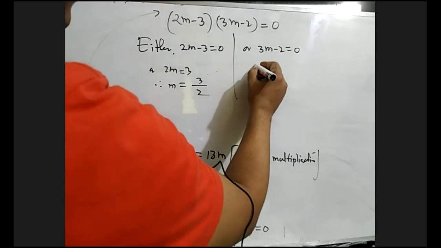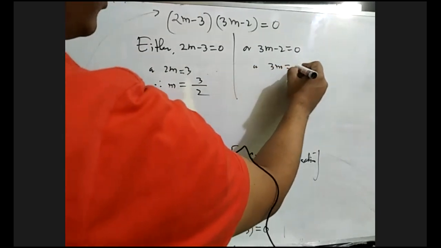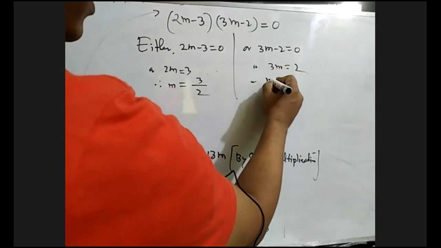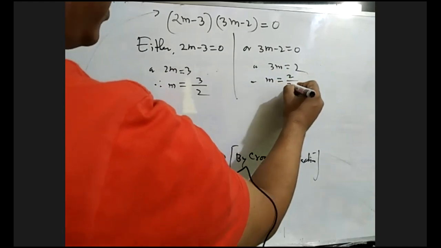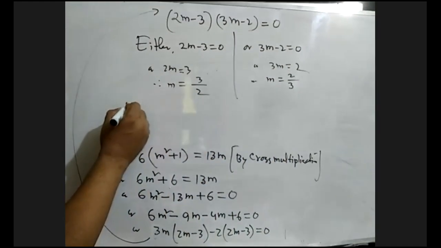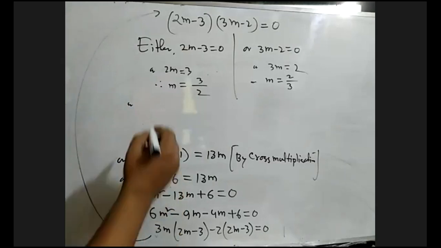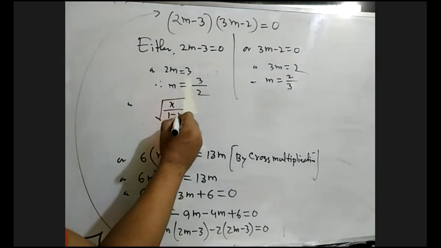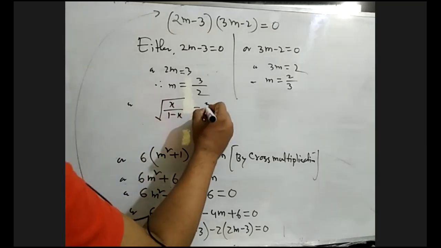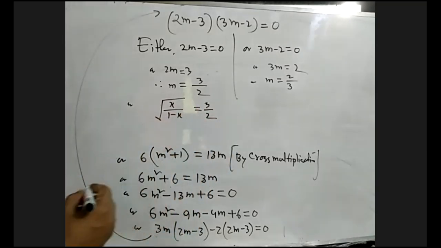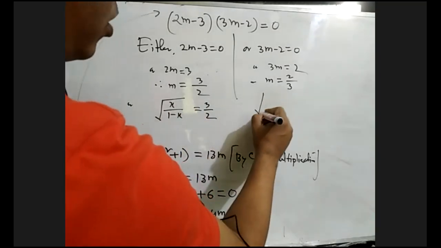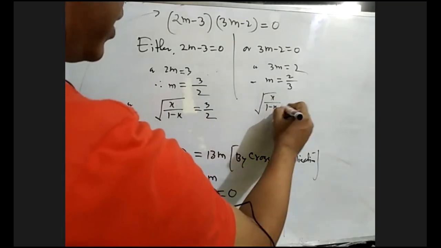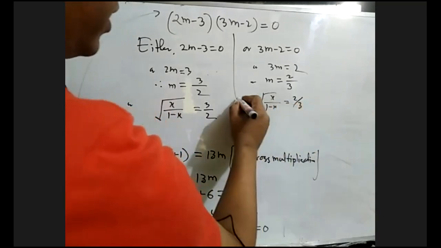Or 3m equals 2, or m equals 2 by 3. Now putting the value of m, what was it? Square root of x divided by 1 minus x equals 3 by 2, and here square root of x divided by 1 minus x equals 2 by 3.